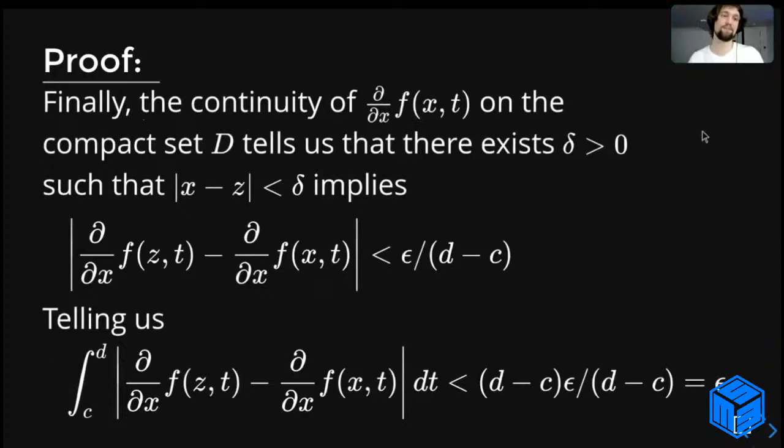In particular, the continuity of f's derivative with respect to its first argument on the compact set D tells us that there exists a delta such that when its arguments are close together, then its outputs are this close together, where we said choose epsilon to be whatever we want and divide it by the bounds of our integral. And so plugging this in, we have a bound on our integrand, which shows up in the final answer here. And we see that it's sufficiently close together.